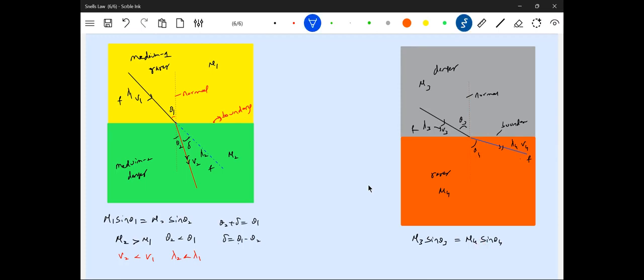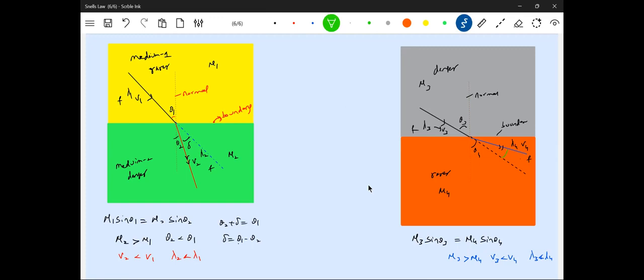Now, which is denser? Mu 3 greater than mu 4, V3 less than V4, lambda 3 less than lambda 4. Then we'll go for the deviation suffered by the ray. What is the deviation here?